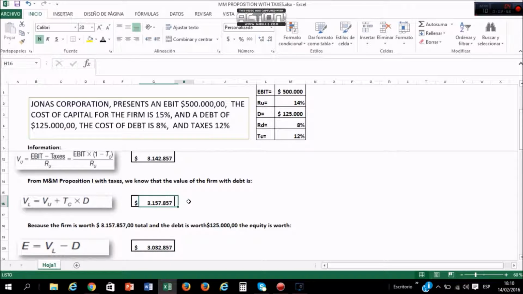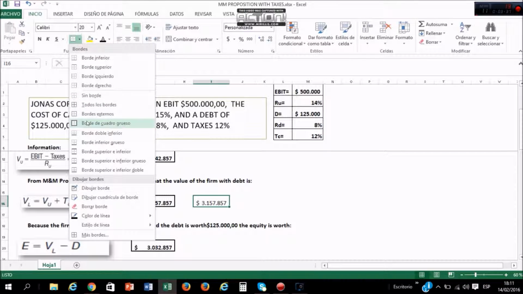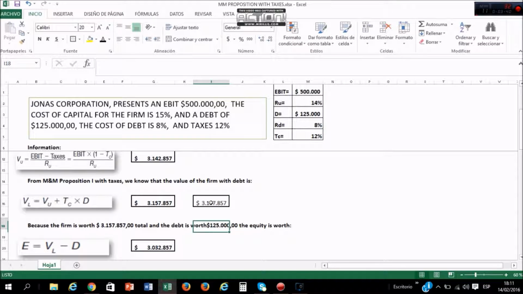So VU is the quantity that we have already found, 3,142,857, plus TC, the taxes, 12%, multiplied by the debt, $125,000.